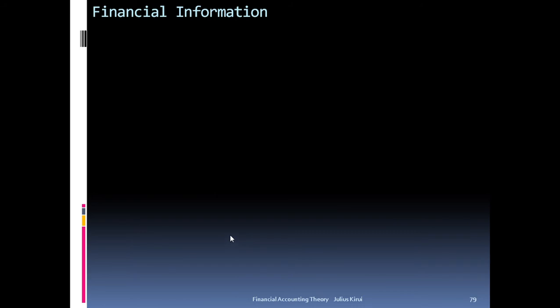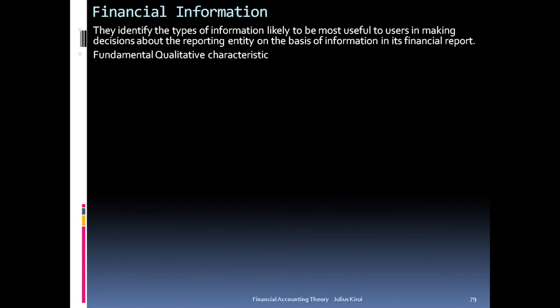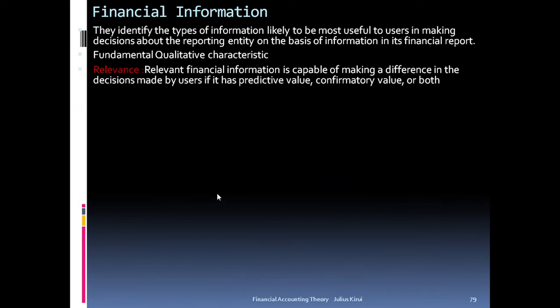Now, financial information. Remember here we are looking at the critical characteristics. They identify the type of information likely to be most useful to users in making decisions about the reporting entity on the basis of information in its financial report. Fundamental qualitative characteristics of financial information.